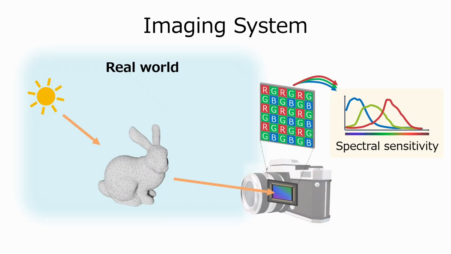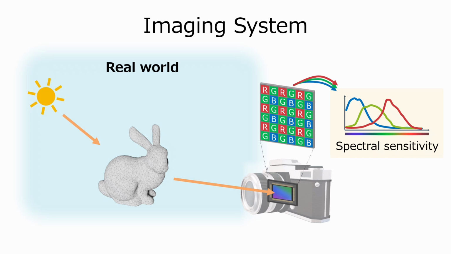When we capture the real world with a camera, the information we obtain is limited to just 3 RGB channels. However, light in the real world does not exist as just 3 RGB channels. Instead, it spans a wide range of wavelengths with varying intensities. A camera captures this light using sensors and color filters which are designed to record the amount of light passing through each filter.